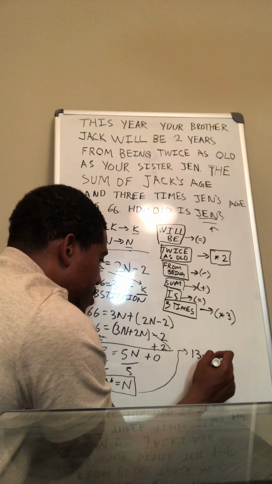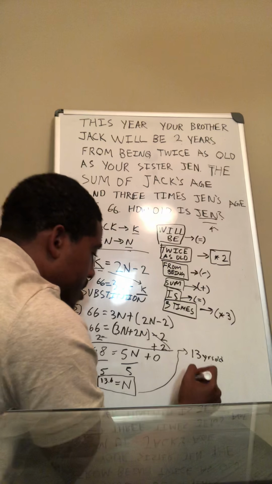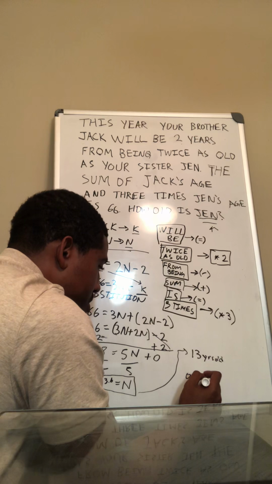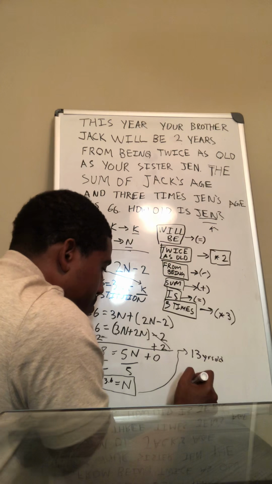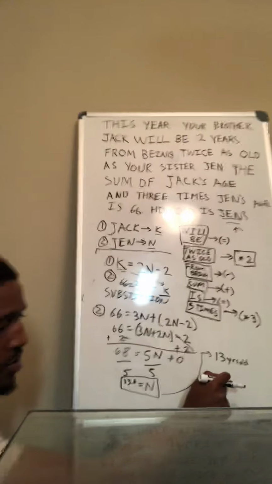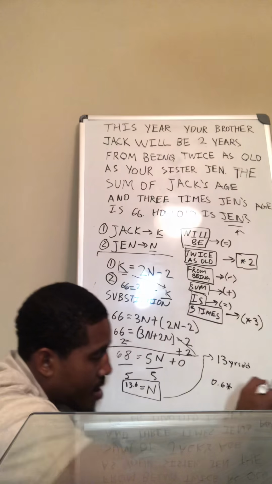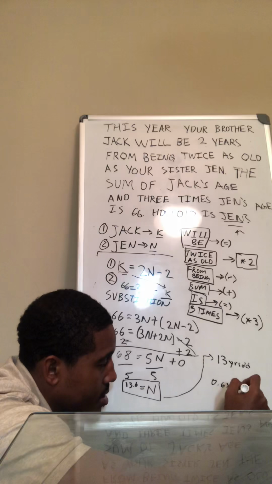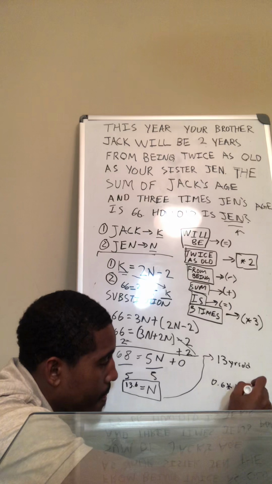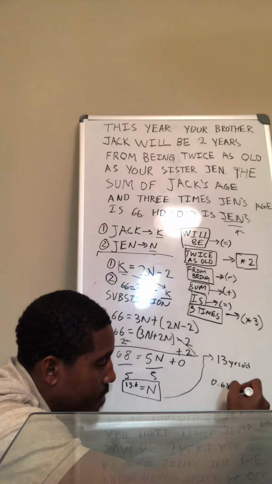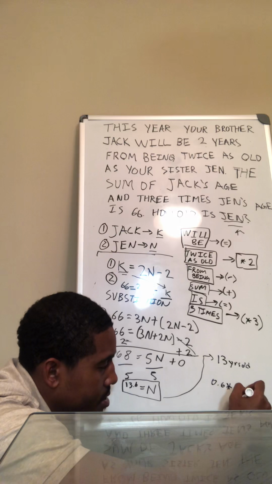Your 0.6, which represents 60% because it's a percentage of a whole, 60% of a whole, times 12 months gives you 7.2 months.